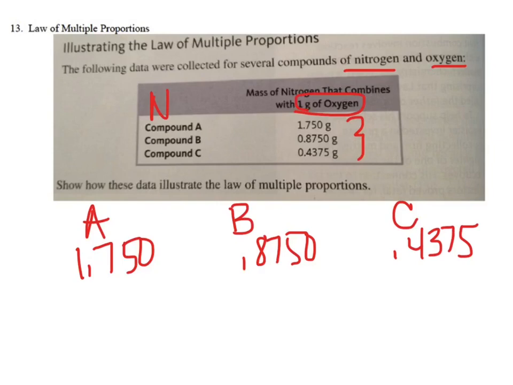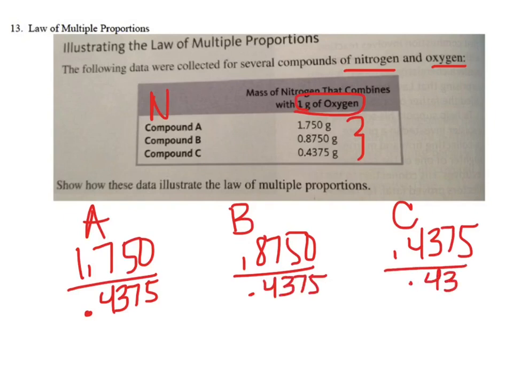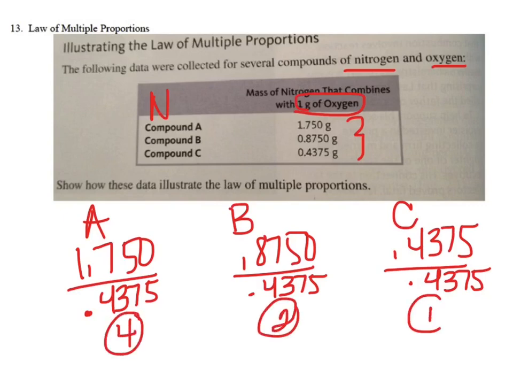We divide each one by our smallest, like we do in empirical formulas, and we get this down into whole numbers. So this is 4, this should be 2, and this should be 1. Okay, so it's a 4, 2, 1.